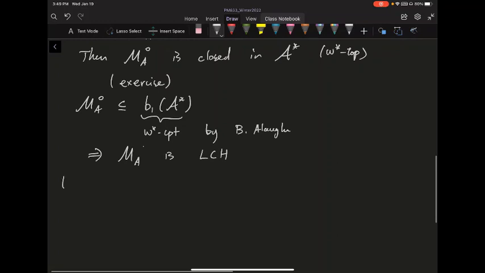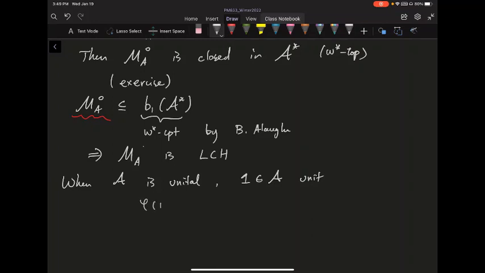And when A is unital, you want to show that M_A is compact. The idea is that M_A is essentially just M_A0 with the zero functional removed. So you want to show that the zero functional is separated from the rest of it. Because A is unital, 1 in A is the multiplicative unit.